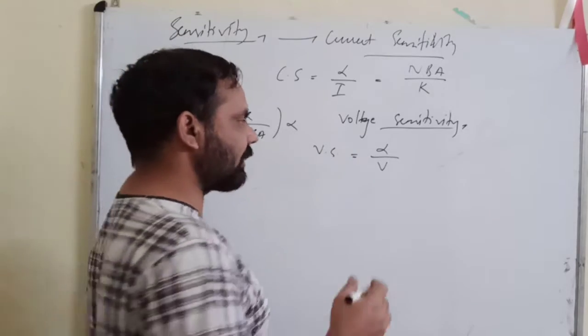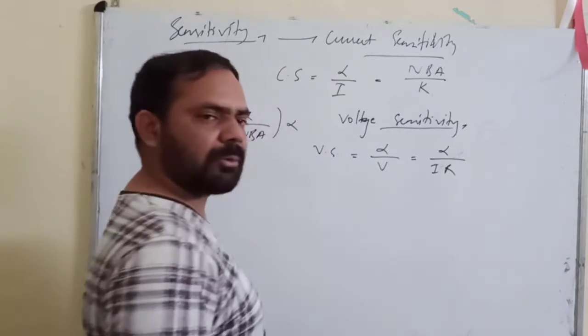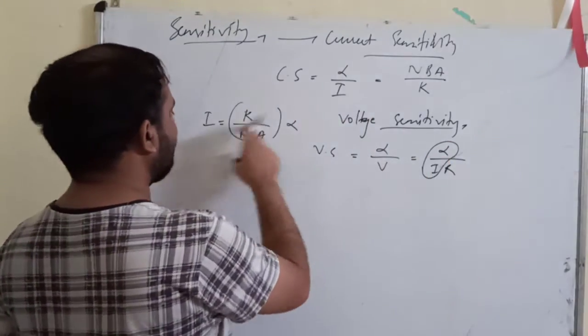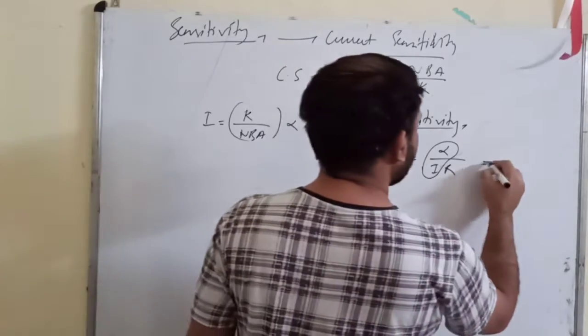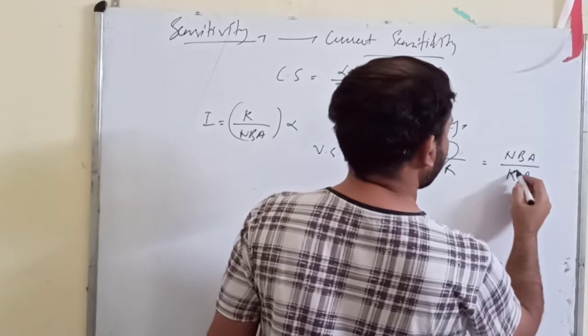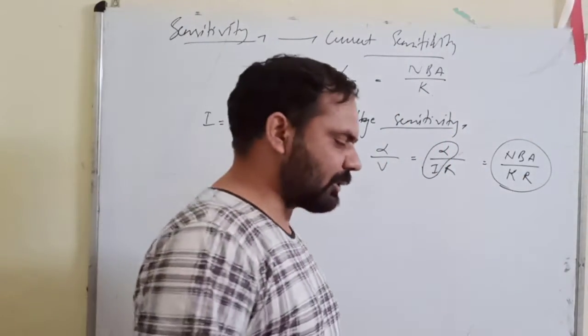That is voltage sensitivity. You can write alpha upon IR because V equals IR. Now alpha upon I is NBA upon K, so NBA upon K into R. This is your expression for calculating the voltage sensitivity.